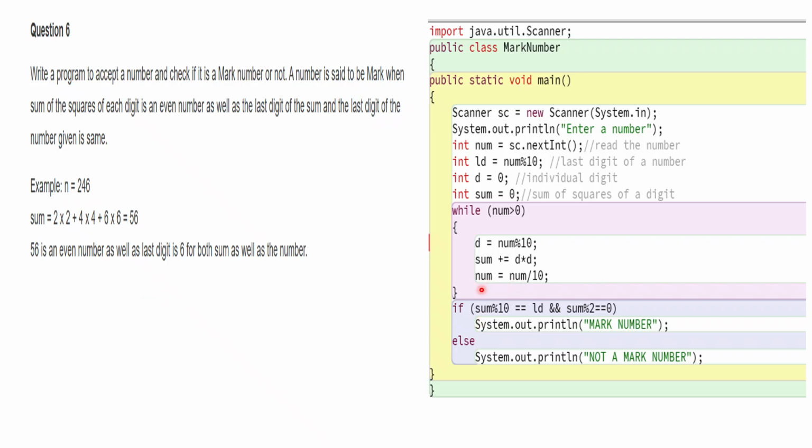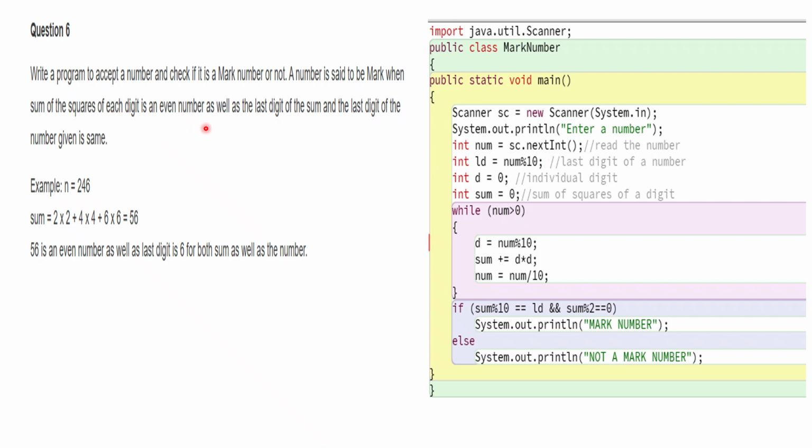After this entire loop gets over, you will have the sum of all the digits' squares. Now, the first condition: this sum of squares of each digit should be an even number.